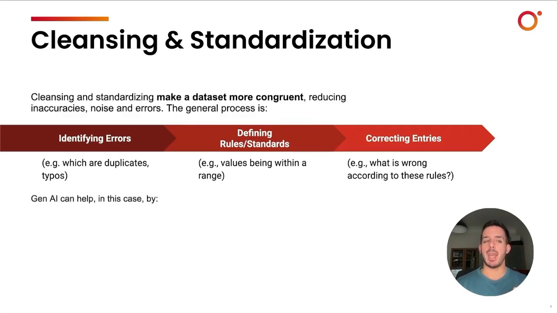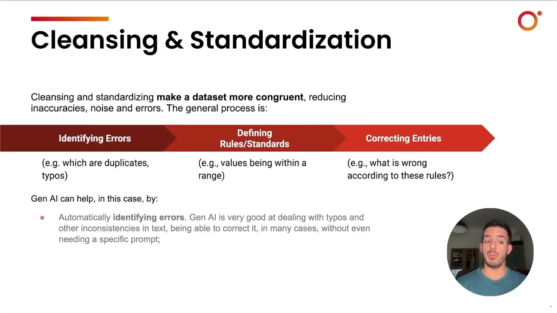And how can GenAI help in this specific case? Well, for one, it can automatically identify errors, right? GenAI is very good at dealing with typos and with other inconsistencies in text. Basically, ignoring those specific details and seeing the big picture and then correcting everything based on the big picture. So in many cases, GenAI by itself, even without needing a specific prompt, can already fix a lot of the issues in a dataset.